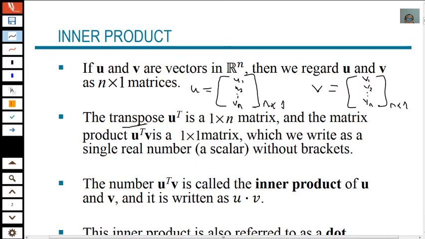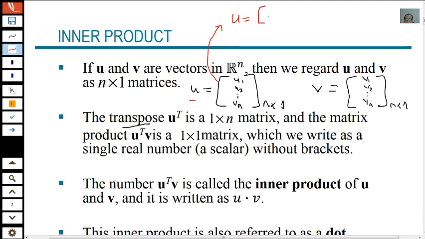And the transpose of u is a 1 by n matrix. What is the transpose of this vector? We interchange the rows and columns. So just we have one column, so for the transpose of u, just we will have one row. The columns become rows for the transpose.